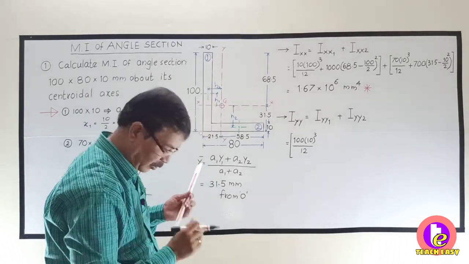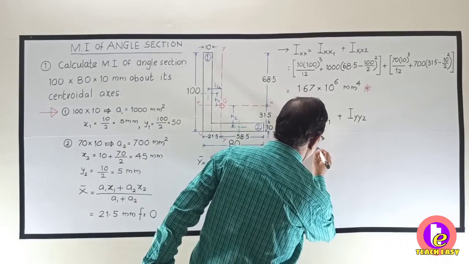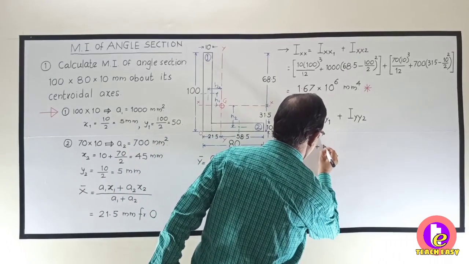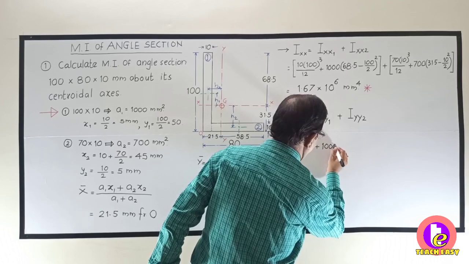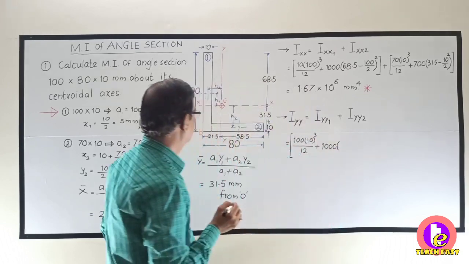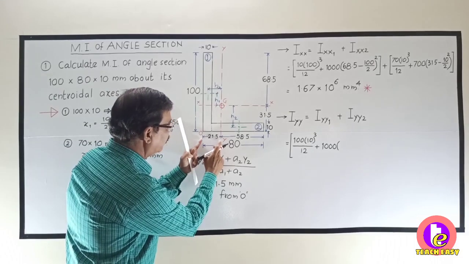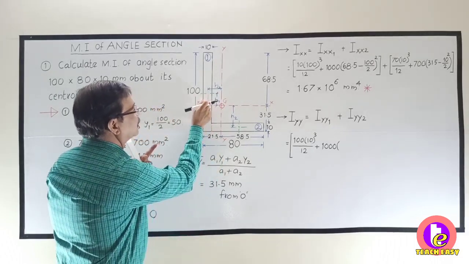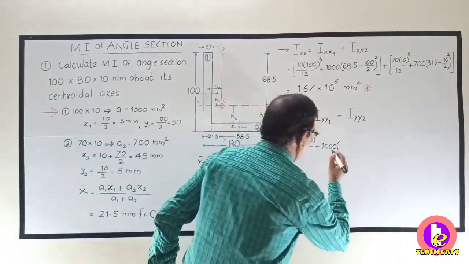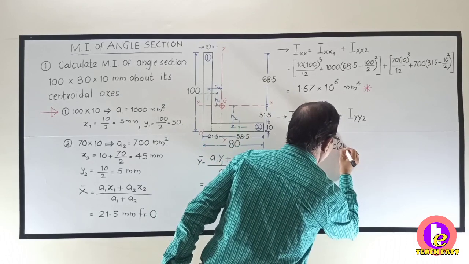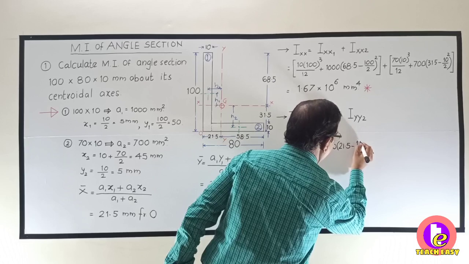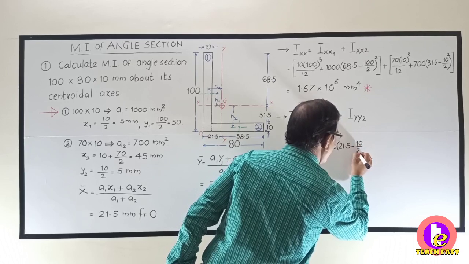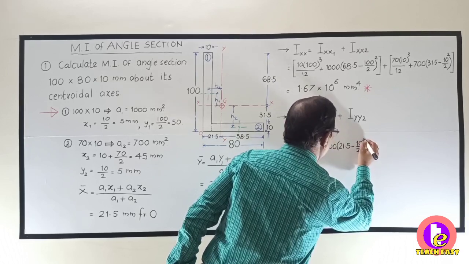What is this? 5, 10 by 2. So it will be area, plus, come on, what is the area of the first part? 1000 into H square. Can you tell me what is H? 21.5 minus this 10 by 2, bracket square.